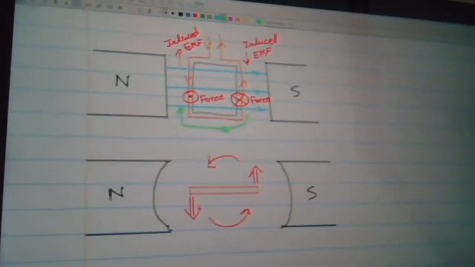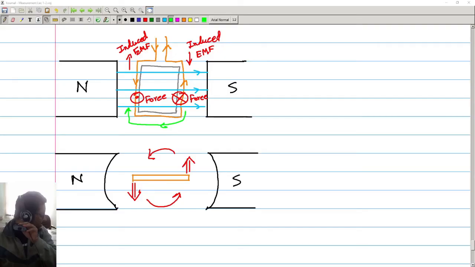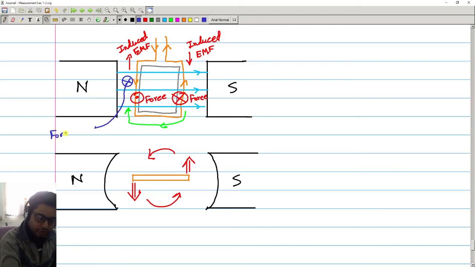So you do this experiment yourself. That will result in a force. So this force goes into the board on this side. This is the force due to the induced current.